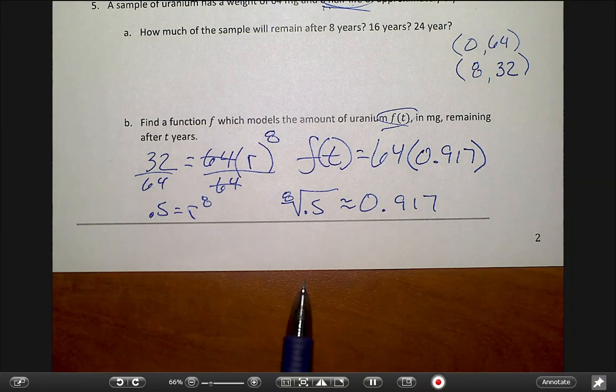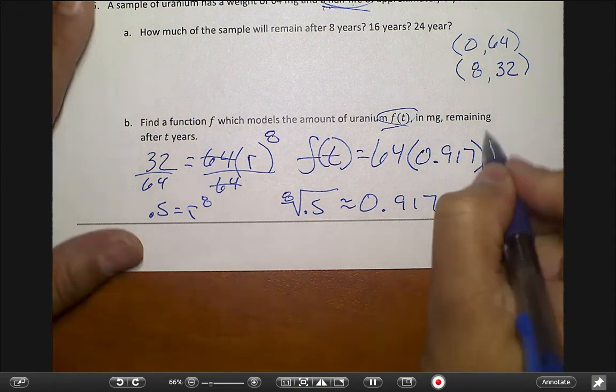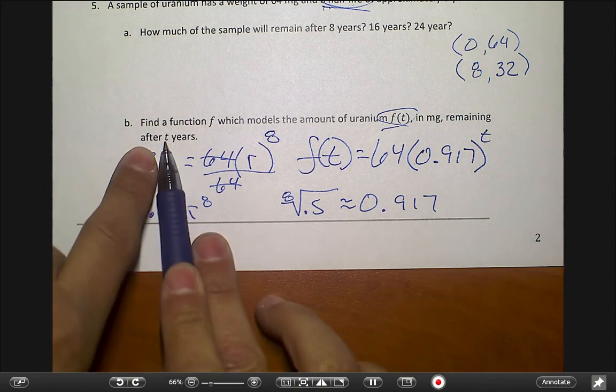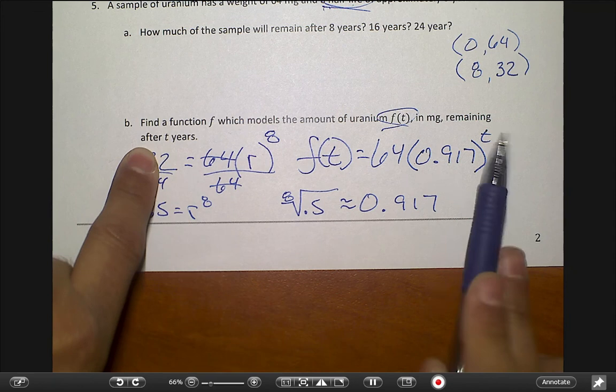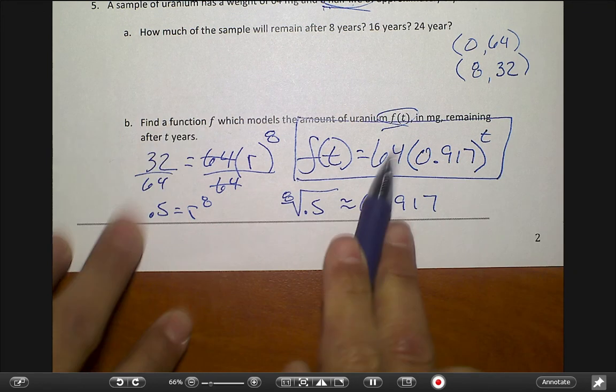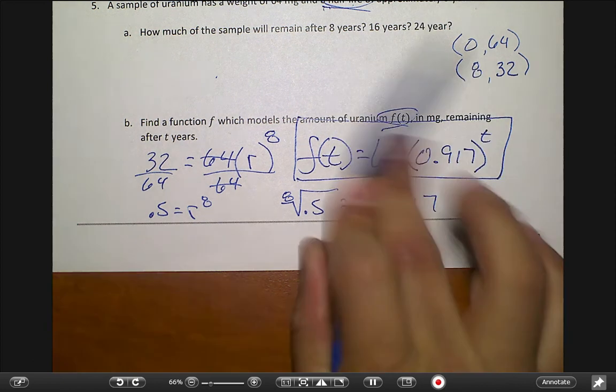And what am I going to raise this to? Because I'm making a function out of this. T, T years, right? So this is my whole function. I need this to do part A. I was able to do this first part pretty easy because half-life on that one's easy.